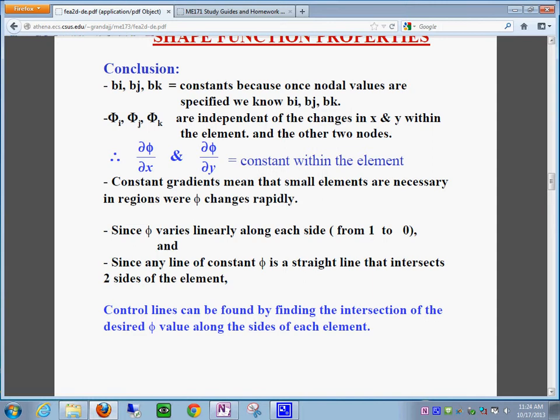Constant gradients mean that small elements are necessary in regions where phi changes rapidly. Well, obviously, if there is a nonlinear system, we don't want a drastic change with discontinuity.